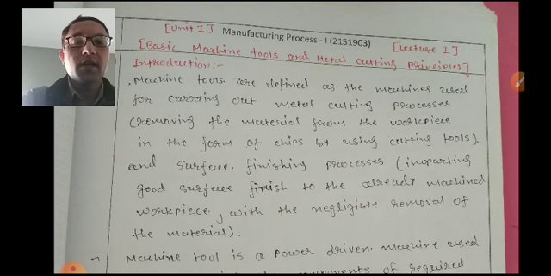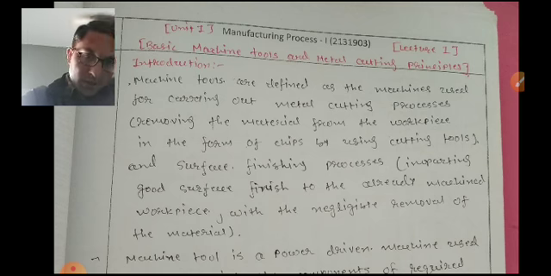The metal cutting process means removing the material from the workpiece in the form of chips by using cutting tools. The surface finishing process is used to get a good surface finish on an already machined workpiece with negligible removal of material.